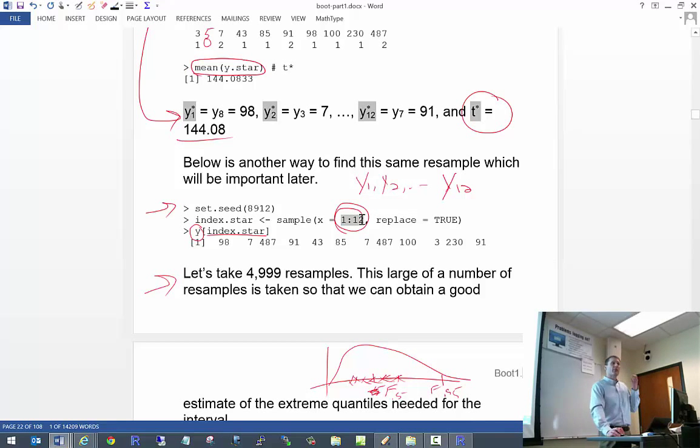And these represent my indices for my y's, essentially, for what I want to appear in my sample. I say replacement equal true. And then to actually get my resample itself, I take my y vector, my original data, and then in brackets I put my index star. Is everyone comfortable with that?